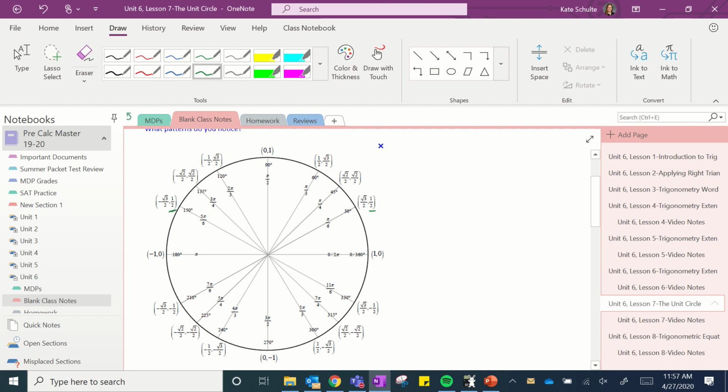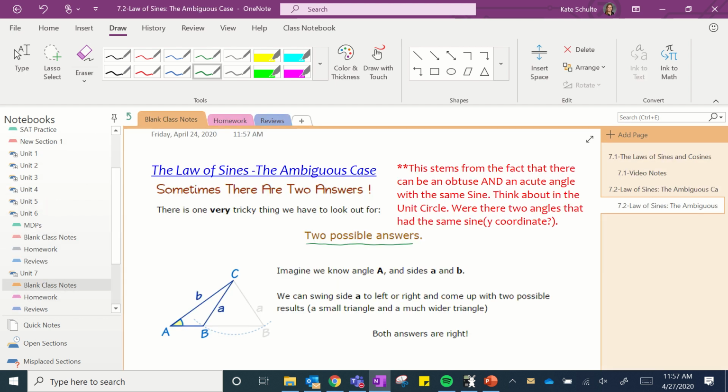So both of those have the same sine, an obtuse angle and an acute angle. Here's the acute angle, here's the obtuse. It ends up that in the law of sines, based on these different parts that were given, there could be two possible answers or no answer at all. So we'll get into this.